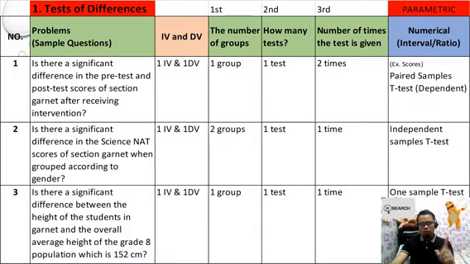If there is one group, one test given once, that will be the one sample t-test. But do not forget, there is the population average or population mean. Okay, do not forget that.